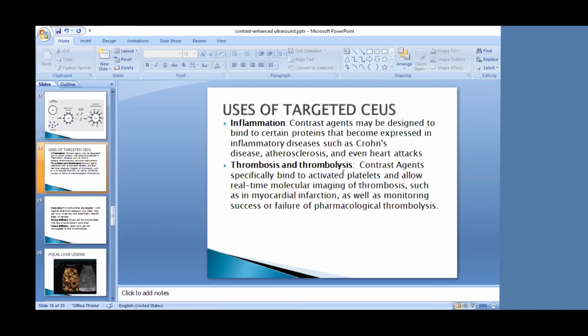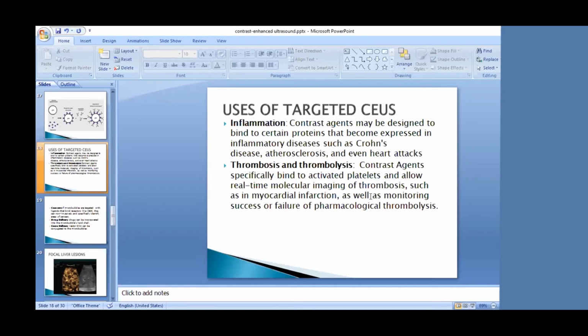Thrombosis and thrombolysis. Contrast agents specifically bind to activated platelets, allowing real-time molecular imaging of thrombosis. If you are suspecting a thrombosis, we will make our contrast agent specifically attach to the platelets which are expressed during thrombosis, such as in myocardial infarction, as well as monitoring success or failure of pharmacological thrombolysis, where we give medication to patients who have myocardial infarction.